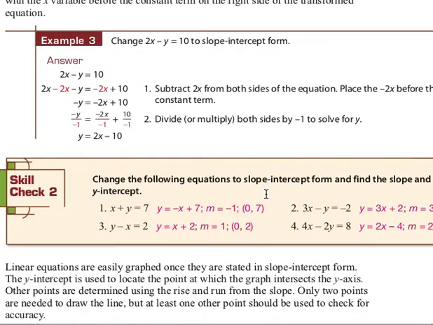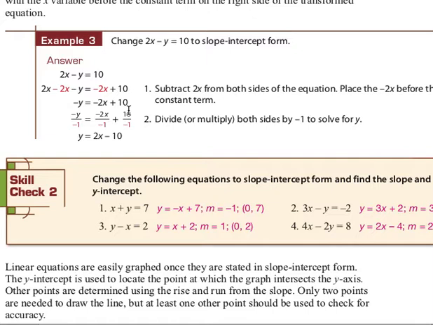Example number 3 has you just changing this from standard form into slope-intercept form, which means you're just solving for y. In this case, you're going to subtract each side by 2x. So then you have negative y is equal to negative 2x plus 10. But we can't graph negative y.